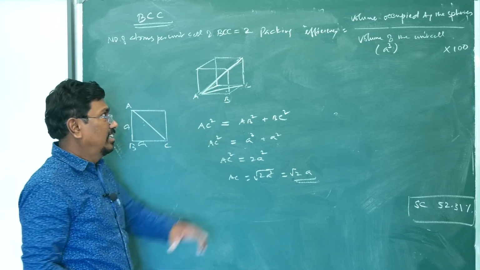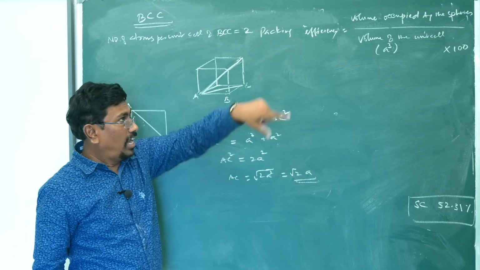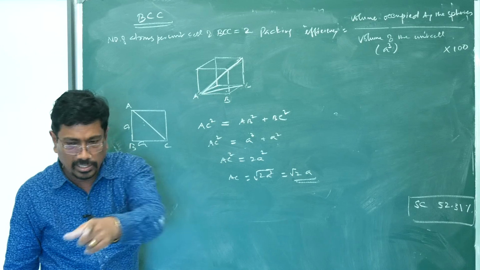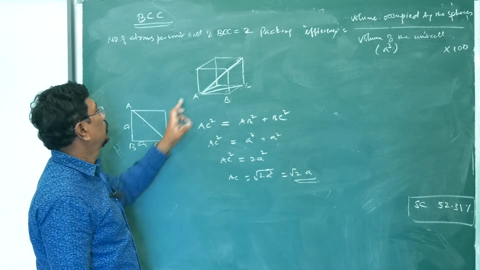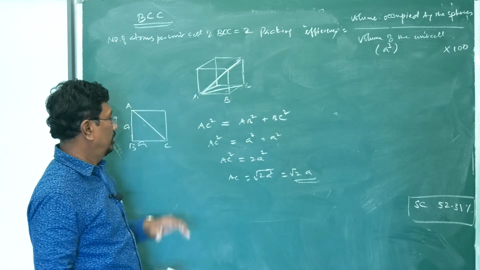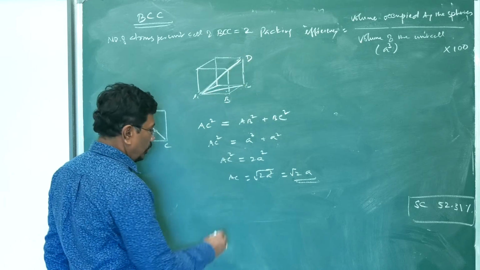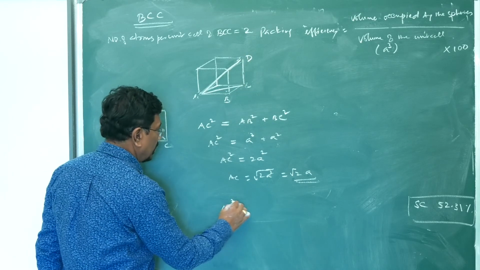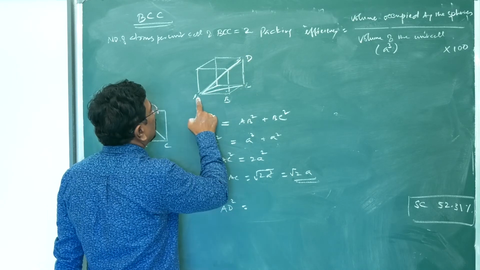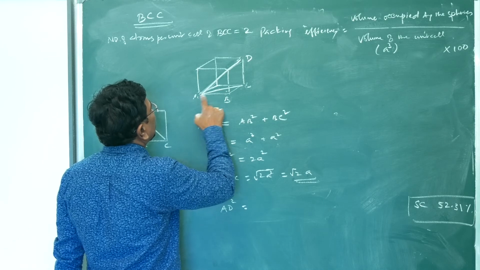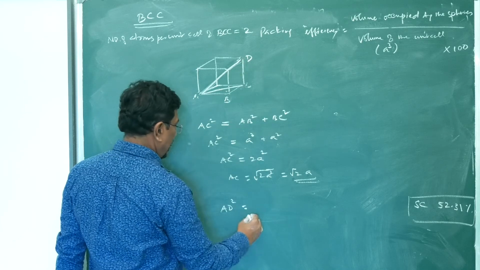As I said, at that corner one atom, in the middle one atom, and at the other corner another atom. So that length we are going to get. A, B, C, let it be D. So AD square is equal to AC square plus CD square.